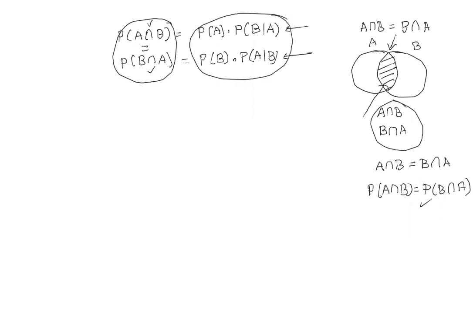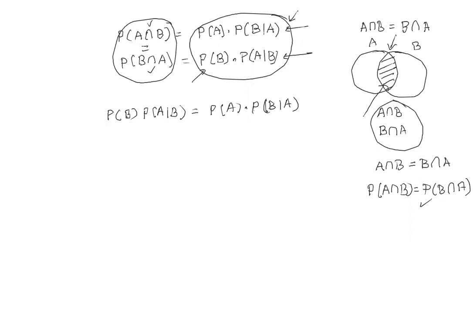So what does it say? Probability of B, the second one I'm writing, times the probability of A, given that B has happened, is the same as the probability of A, the top one, times the probability of B, given that event A has already happened.